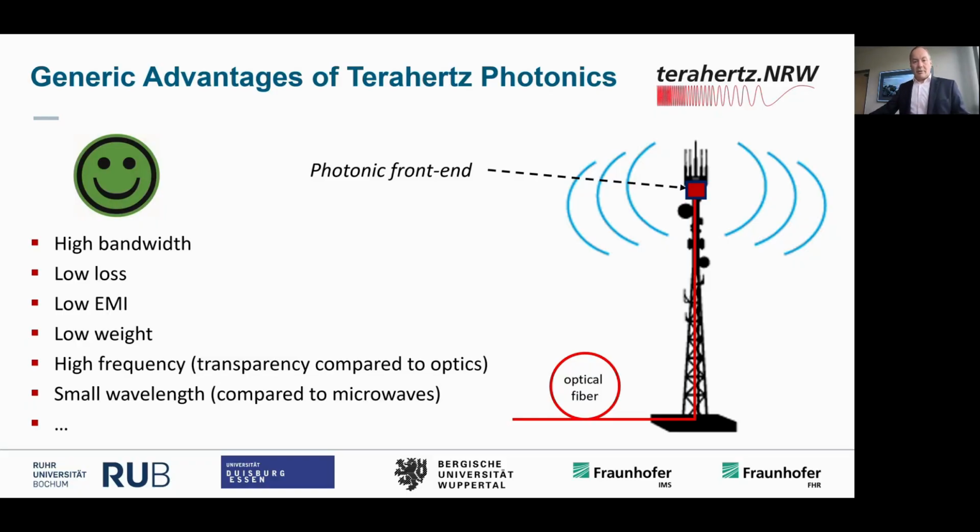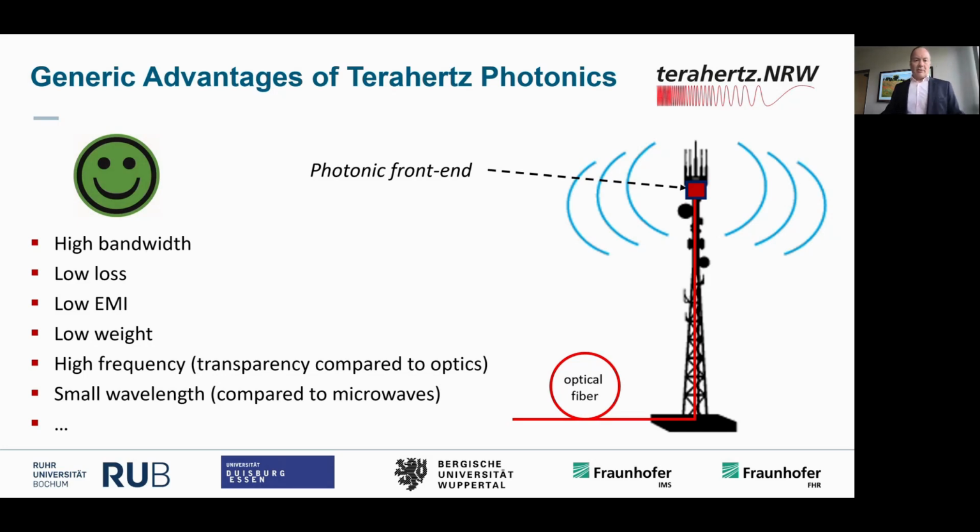So in a cable, although you're working at much lower frequencies, you lose half of the power already after 1 meter. So of course it makes sense to use the fiber as a transmission medium to transmit the data signal to remote antennas. But of course this requires the implementation of photonic front ends. And that's maybe the key advantage, this low loss feature of the optical fiber.